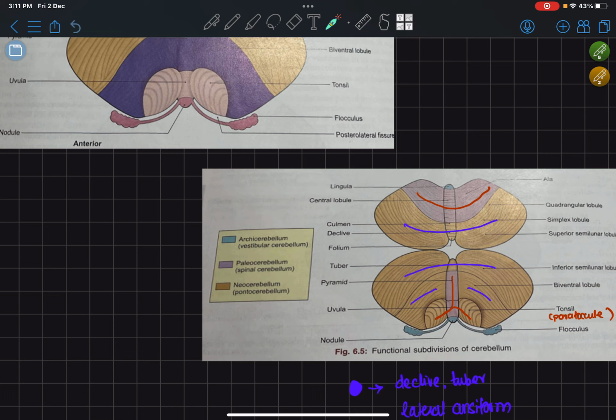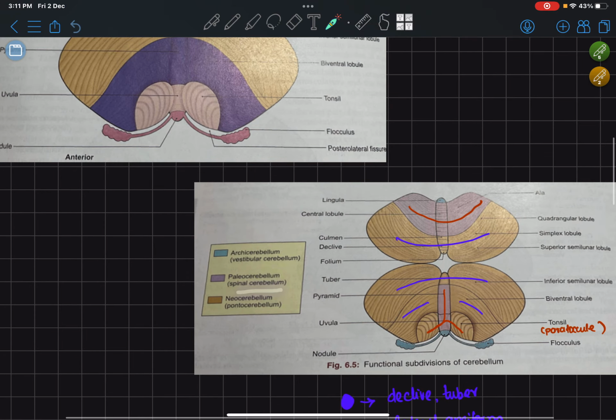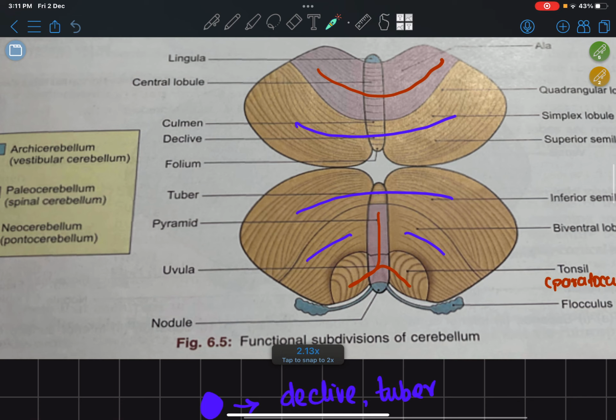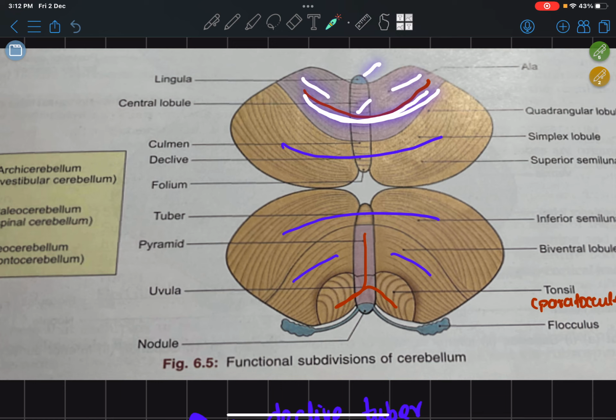Next, coming to paleocerebellum, that is the anterior lobe and a part of the posterior lobe of the cerebellum, which we can see in this picture from the reddish orange lines here. So your lingula is there, central lobule is there, your alae are there. That is included in paleocerebellum.